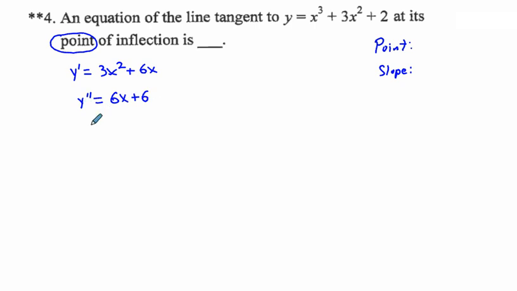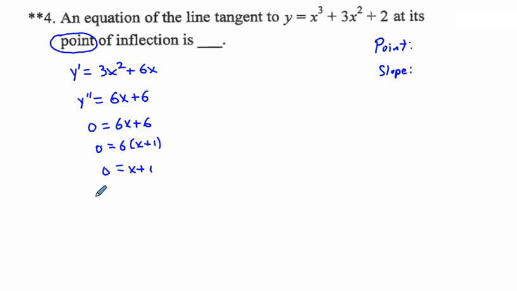Now if we set the second derivative equal to 0, 0 equals 6x plus 6, which is 0 equals 6 times quantity x plus 1. So 0 is equal to x plus 1.